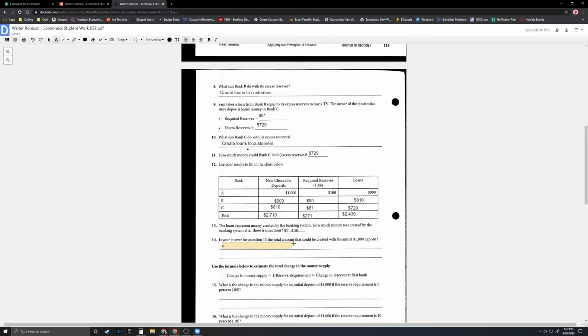And the answer is yes. Or I'm sorry, that's not correct. Sorry, the answer is no. And the reason it's no is that the $729 that's on C for loans might be deposited somewhere else in the banking system, and then the process would continue.